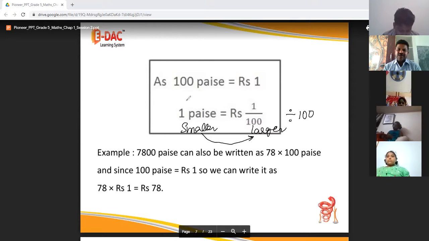To convert larger units into smaller units, we have already discussed, multiply by 100, because 1 rupee is equal to 100 paise.